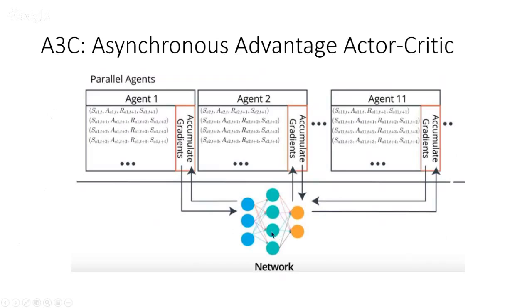Now this network here, I have shown only one network, and the point of showing this is that it has two heads, one for actor and one for critic, and they share their parameters, and they train at the same time. But this one network could also be two networks, one separately for actor and one separately for critic.